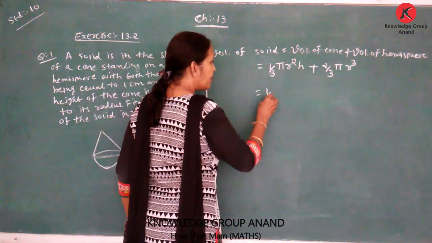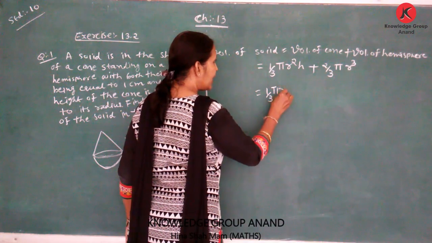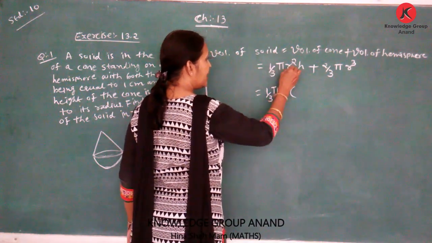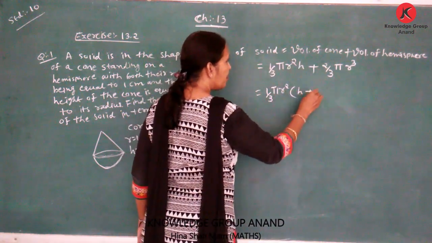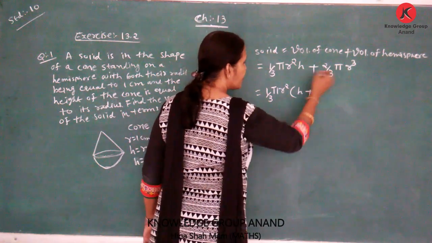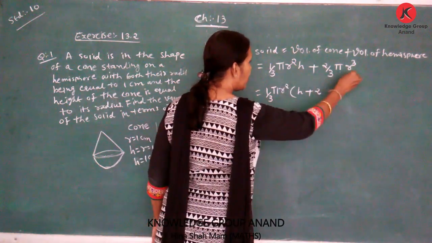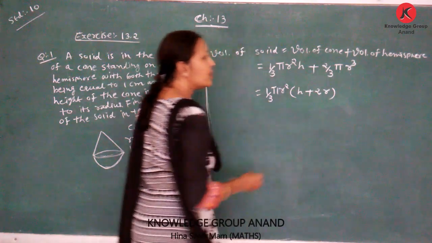Which is common part? 1/3 pi r square. Then we write h plus 2r, since 1/3, pi and r square are common.